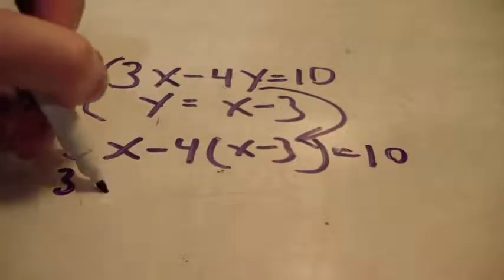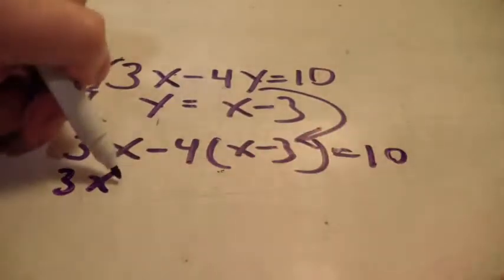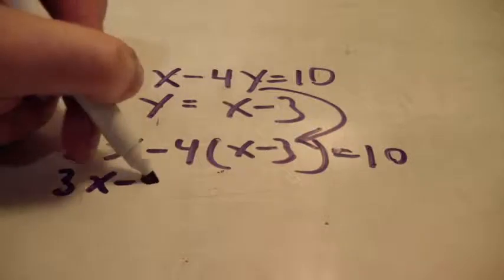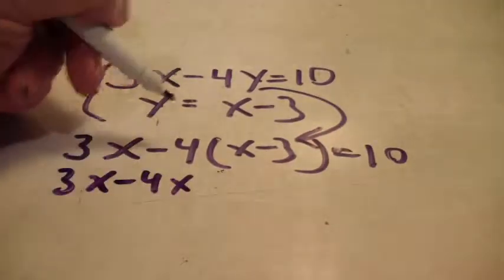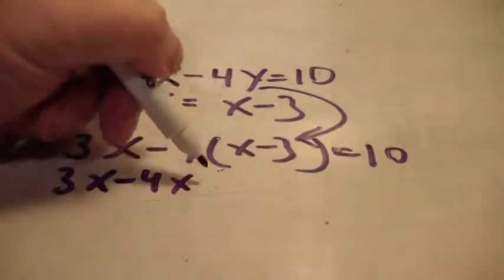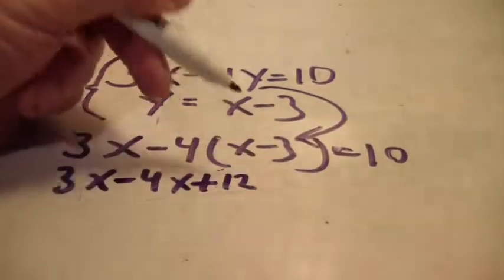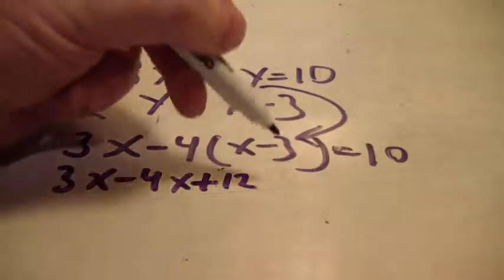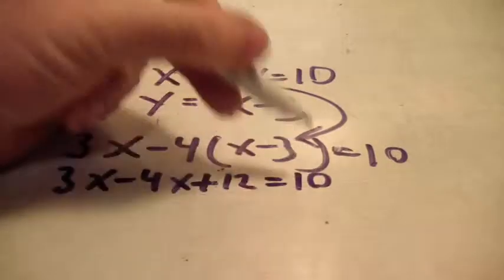Now we simply do the math. We distribute negative 4 times x is negative 4x. We distribute negative 4 times negative 3 is a plus 12, equals 10.